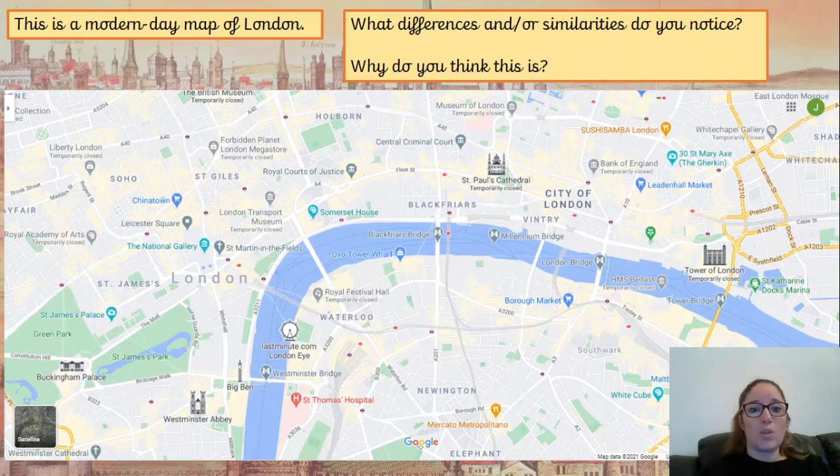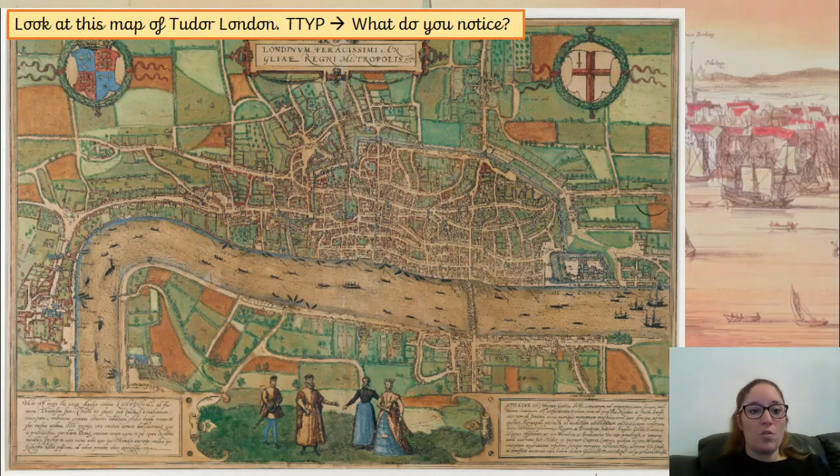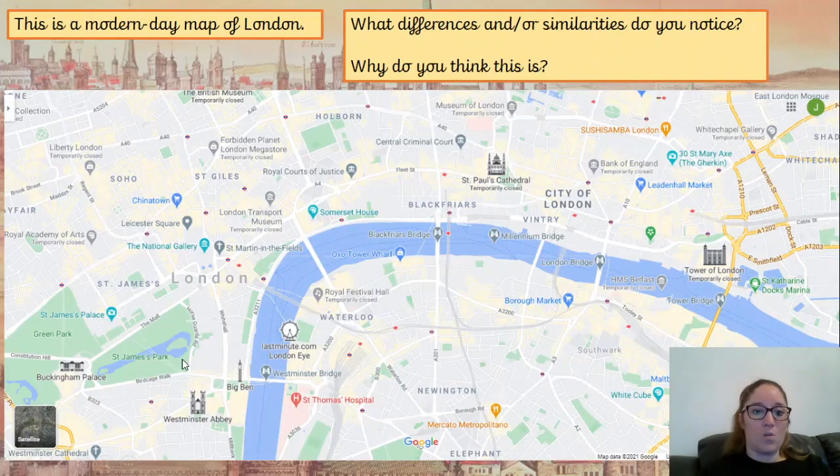We've got so many more buildings, so houses, cathedrals, museums, more transport. If you noticed before, you've got one bridge. Now we've got so many bridges across the Thames.